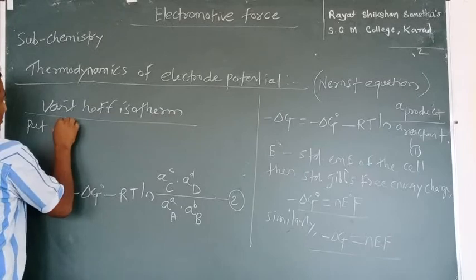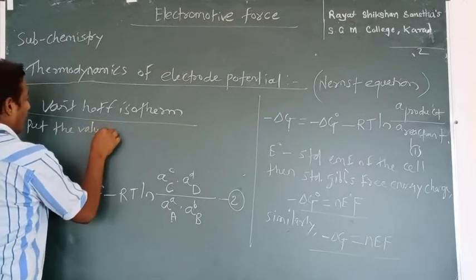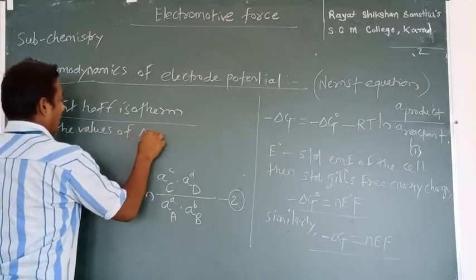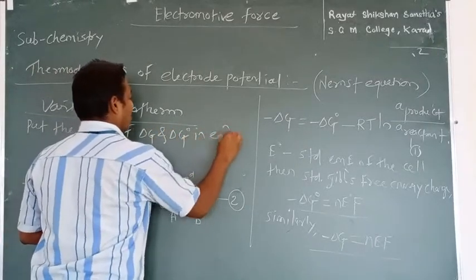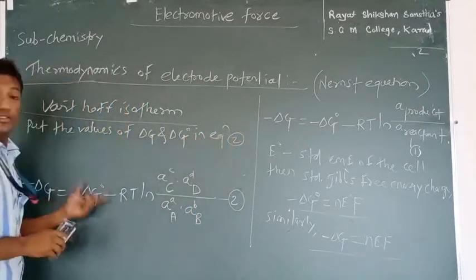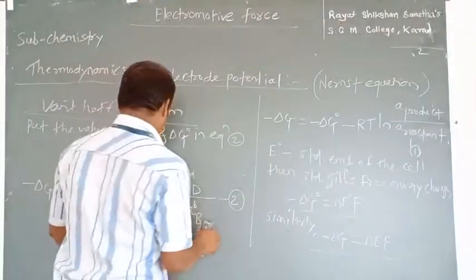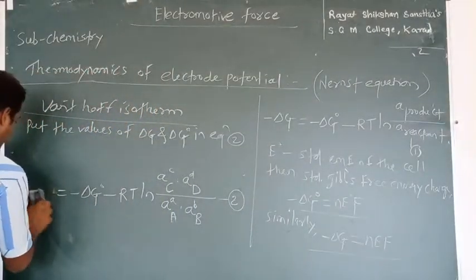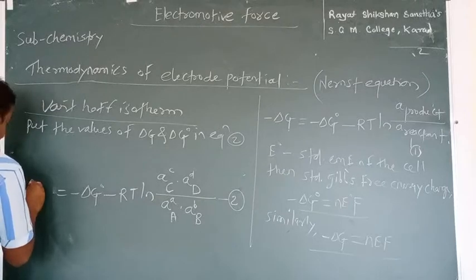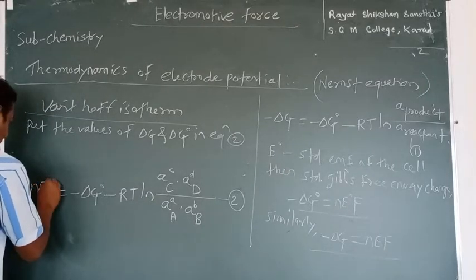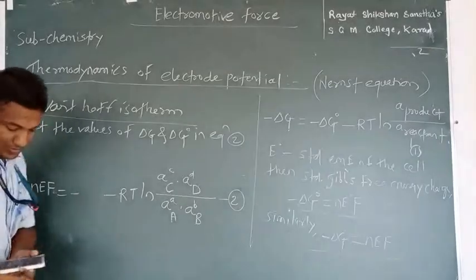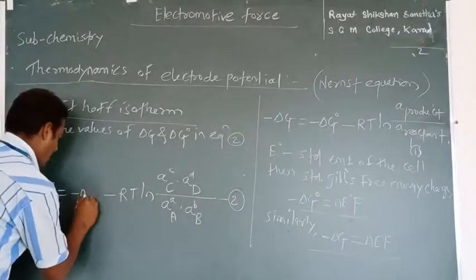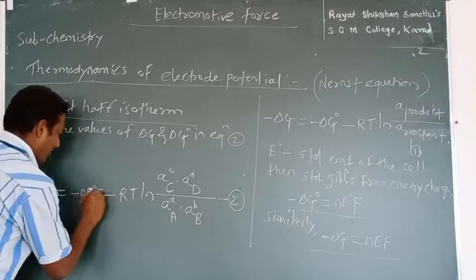Put the values of delta G and delta G0 in equation 2. What are the values? nEF and nE0F.